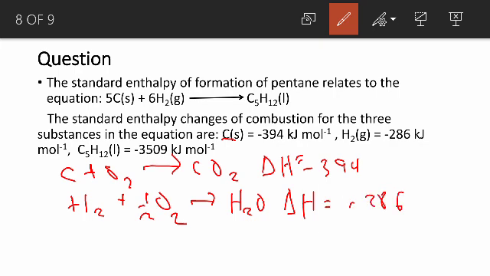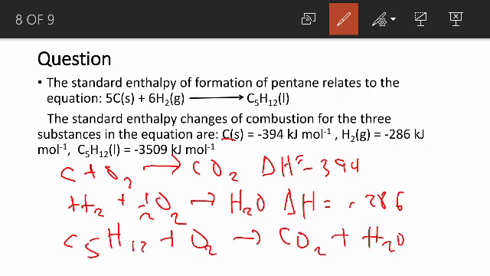Now the third one there is C5H12, that's pentane. C5H12 plus oxygen gives us CO2 plus water, H2O. Now you'll notice if we balance the equation here, we are going to have 5 for CO2.